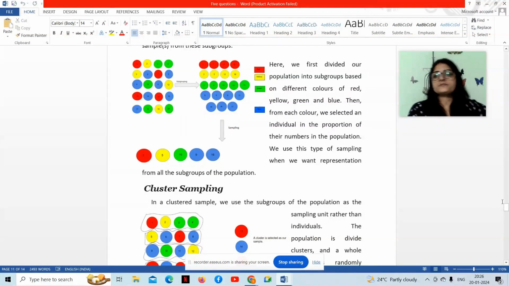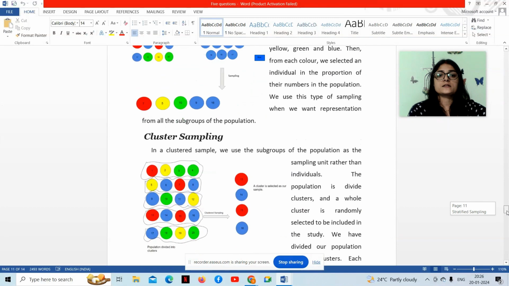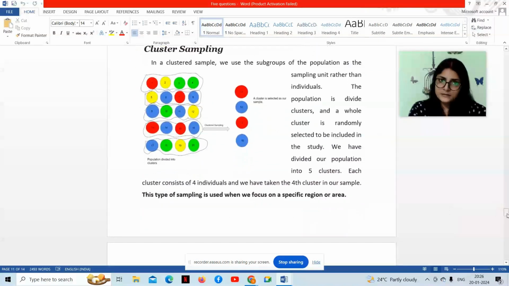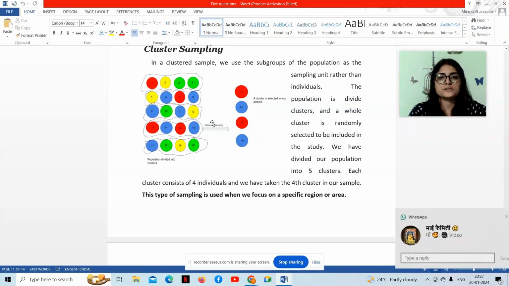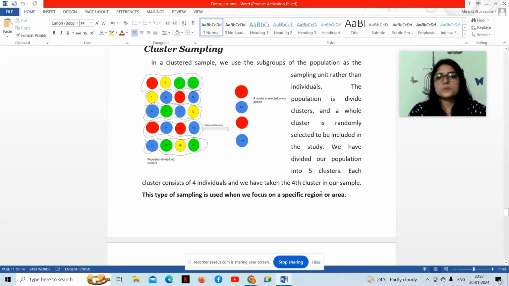Next is cluster sampling from the probability methods. Cluster sampling means we are making groups: 1 to 4 one group, 5 to 8 one group, 9 to 12 one group, 13 to 16 one group, and then 17 to 20 one group.